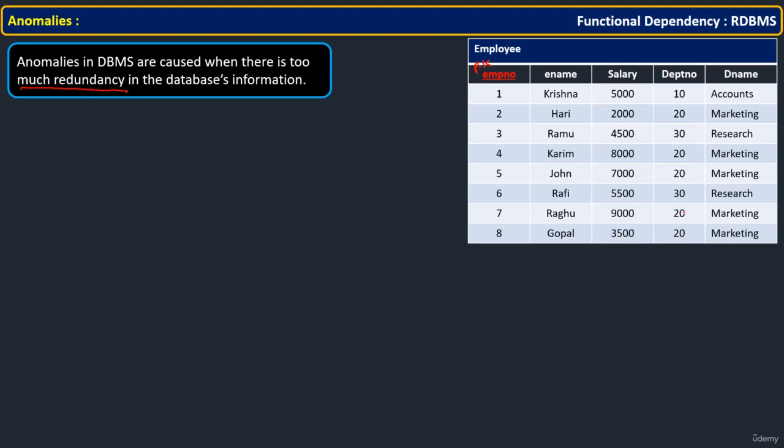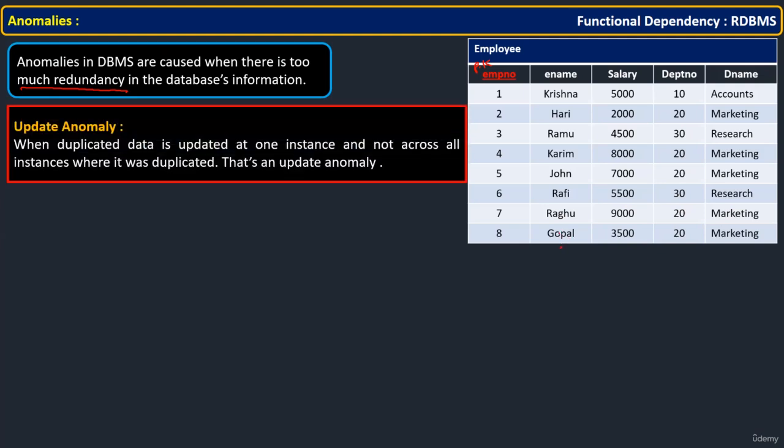Whenever you have this kind of situation, what kind of problems are we going to face? The very first anomaly is the update anomaly. What does update anomaly mean? Let us first read this clearly. When duplicate data is updated at one instance and not across all instances where it was duplicated, then that is the update anomaly.